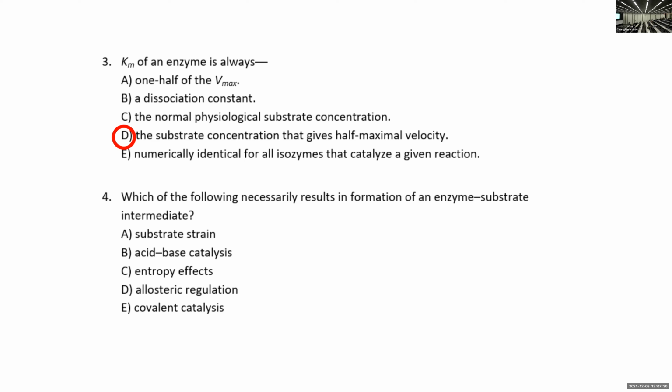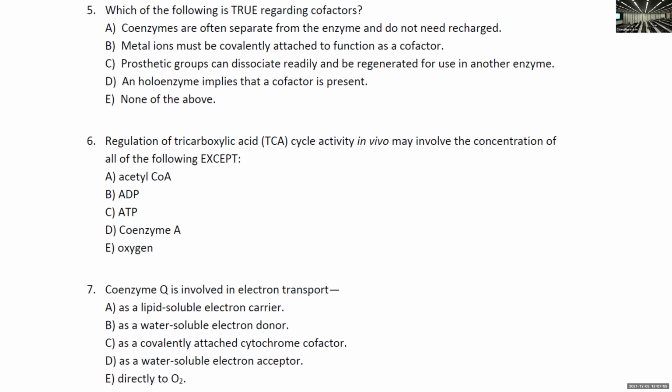And number 4, it's E. And again, as long as you understand the differences between these different types of catalysis, like acid-base, allosteric, covalent catalysis, or proximity and orientation, you should be good. Number 5.